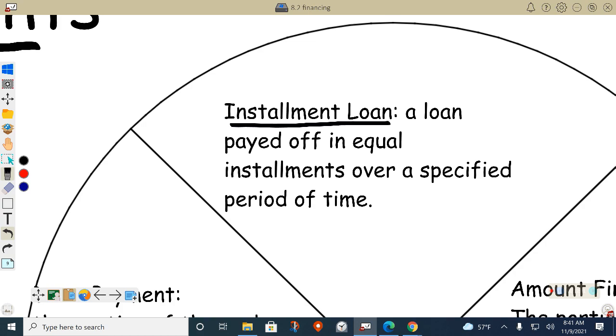Every month I pay the exact same amount for my house. It doesn't change. When he pays off that Tacoma they just bought, every month is the same amount. It doesn't change. So it's in equal installments over a specified period of time.